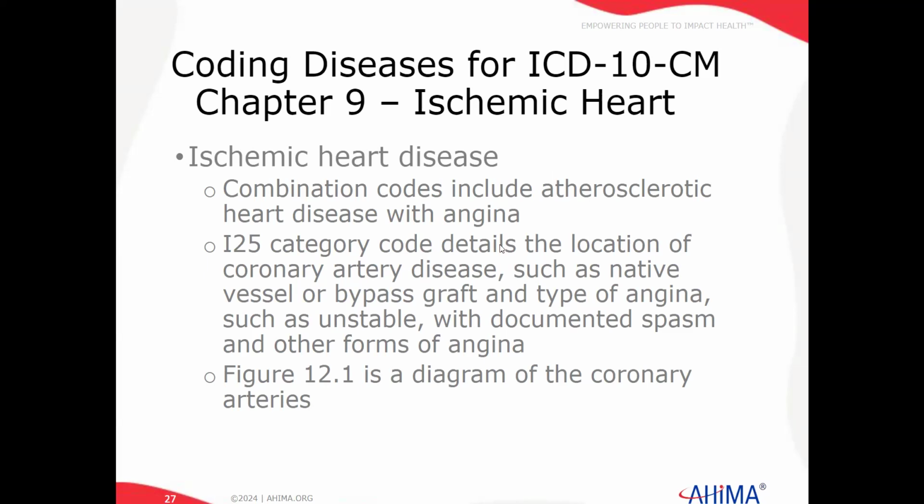Code category I-25 details the location of the coronary artery disease and whether it's a native vessel that you're born with, if it's coronary disease of a bypass graft, the type of angina, whether it's stable, unstable, whether there's a documented spasm, and others. Please review figure 12.1 for a diagram of the coronary arteries.